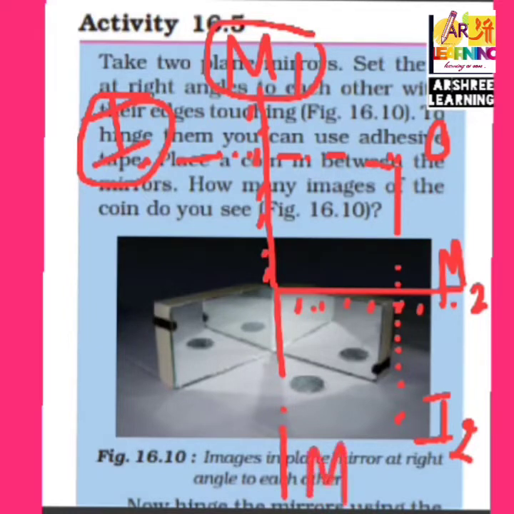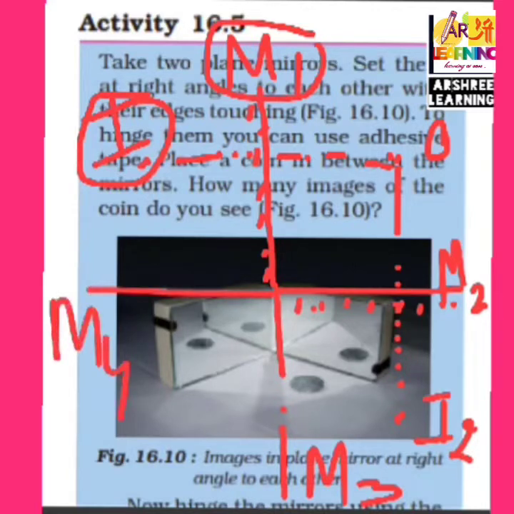So M3 is the image of mirror 1 formed in mirror 2. Now M2 is also a mirror. Its image will form in mirror 1, and it will form an image M4. So the two actual mirrors have images M3 and M4. Now multiple images will be formed.